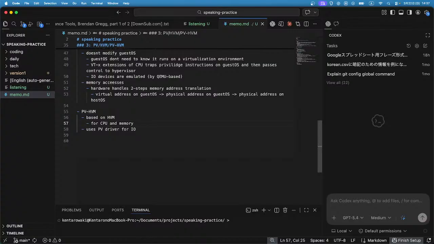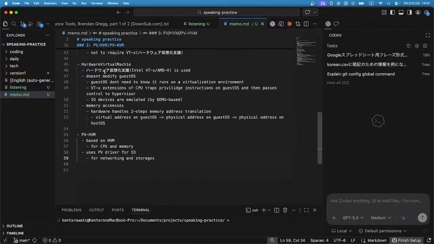So HVM is used for CPU and memory accessing, but the I/O of networking and storage uses a PV driver, because in HVM mode, I/O devices are emulated, right?